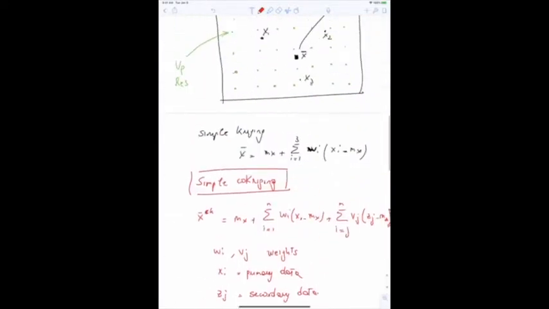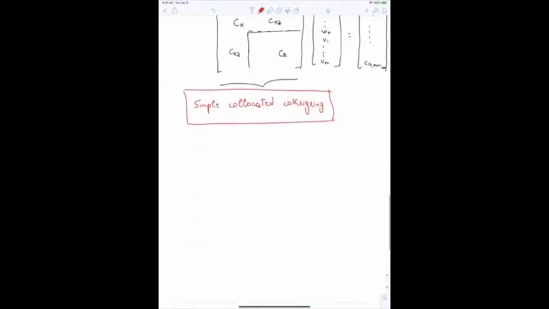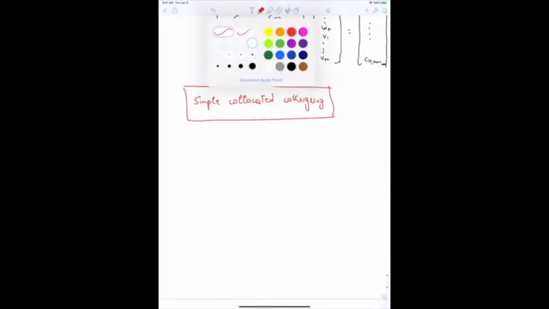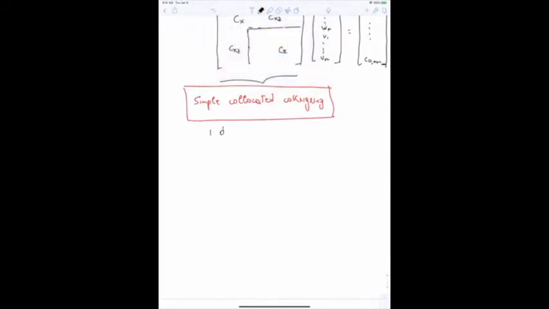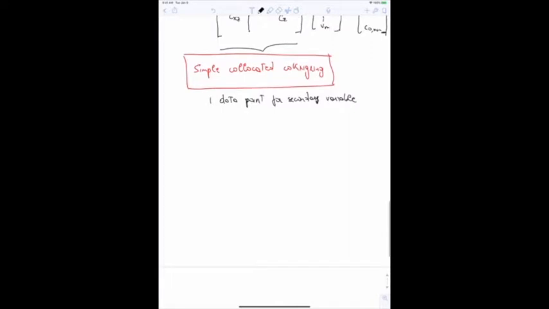So I'm going to try to reproduce this graph here. So what we do is we only use one data point for the secondary variable. Now, collocated suggests that it is the one that is at the same location where we want to estimate the primary variable. Now, it might not be available, so we might have to pick the closest one.